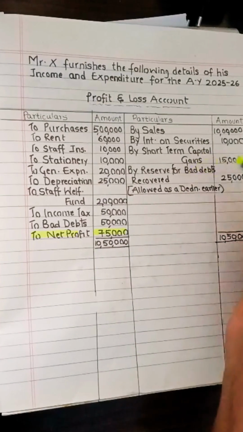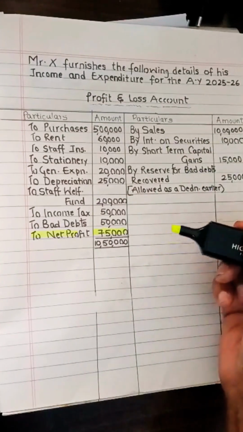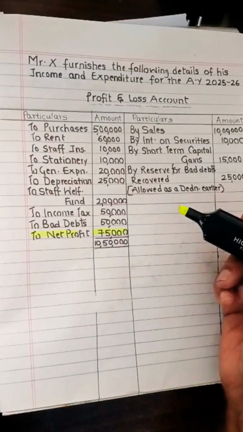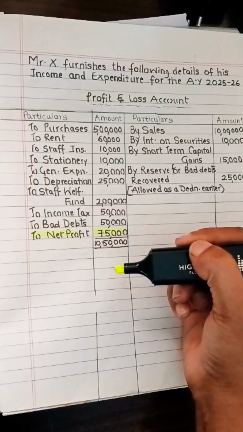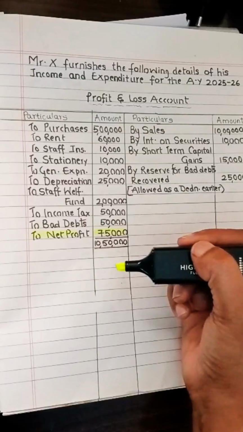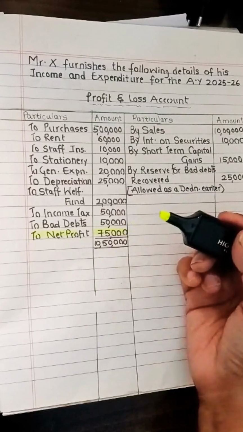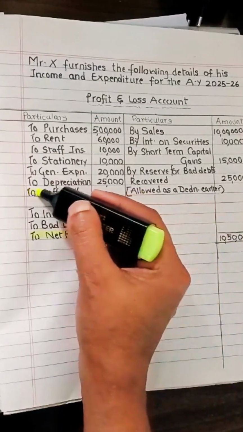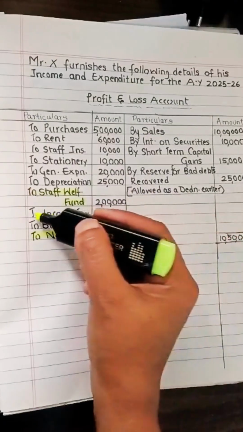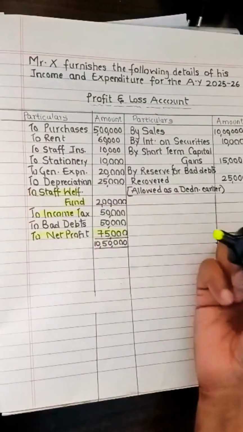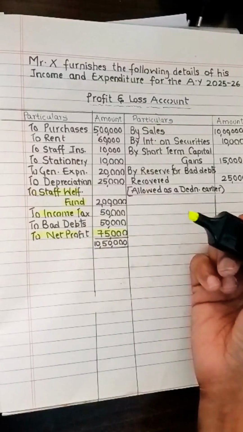Therefore, they should not form part of your computation of taxable business income. Likewise, if you look at the debit side, you may notice certain expenses which are maybe personal in nature. It could be an appropriation, for example, like the staff welfare fund, or it could be a personal expense.